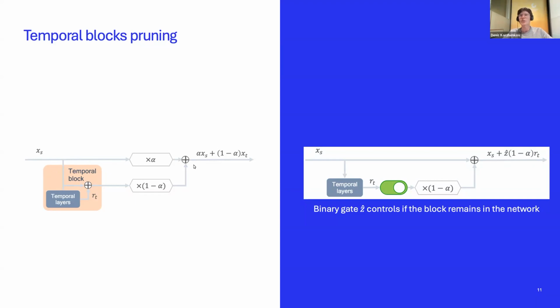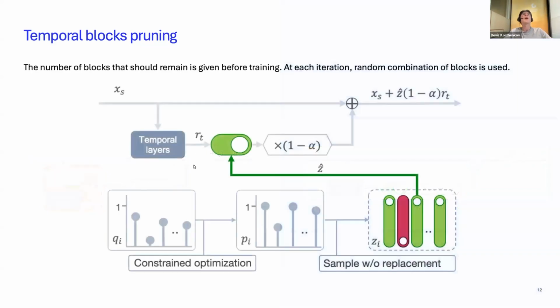So these are discrete gates. And we fine-tune our network with the help of these learnable discrete gates. The whole idea is to retain the given number of temporal blocks. So we have this budget of n temporal blocks, which we want to remain in the network, and we want to prune all the blocks other than these n blocks.